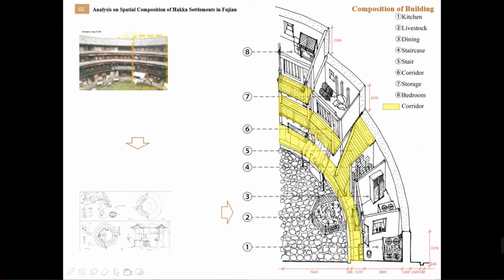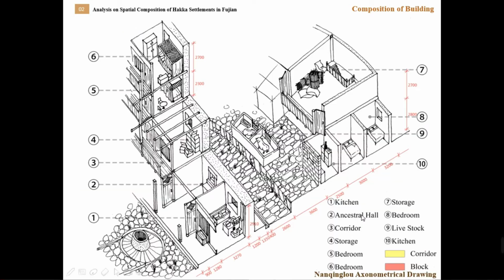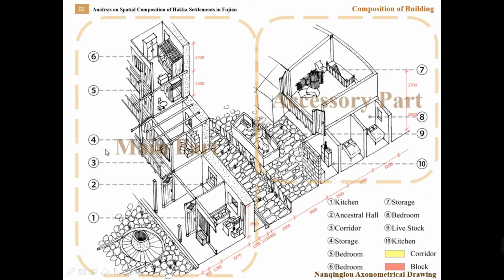Hakka Tulou is famous not only for its corridors, but also for its affiliate places and how they block every unit by setting doors. You can see this is the main part, which is similar to the picture before. And this is the accessory part.